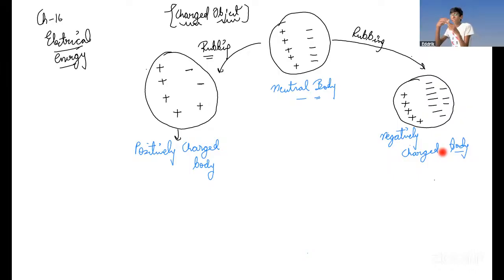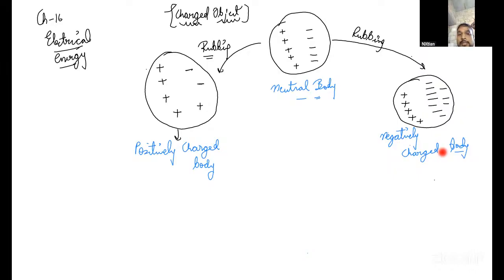If both are positive, they will repel. But if one is positive and the other is neutral, there is a chance they will attract. For example, I rub a balloon on my head, but the wall is neutral.